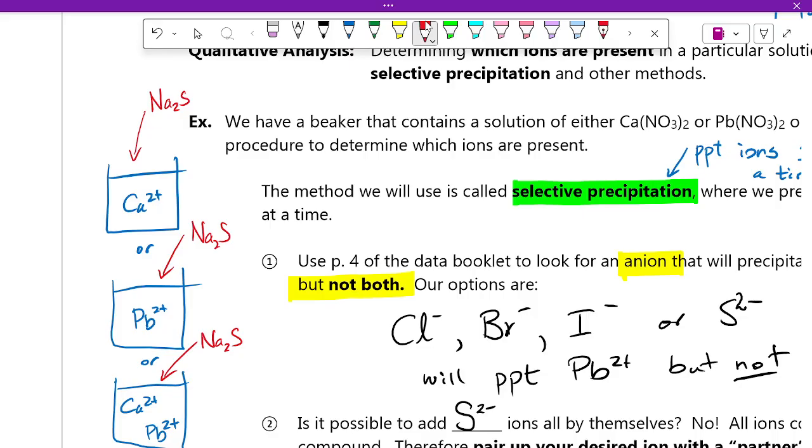What would it look like if I just had calcium ions? Nothing. No precipitate. What if we add Na2S to the lead? We would get a precipitate. And we're going to show the precipitate like this.